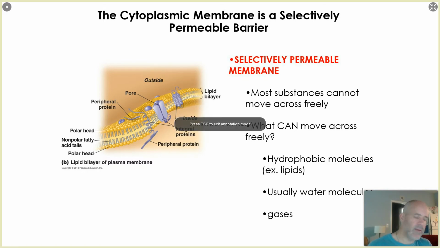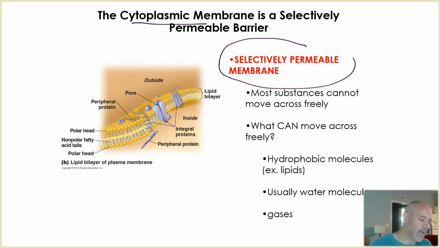All right, key thing about the cell membrane, cytoplasmic membrane, is it is selectively permeable. That's another one of those words or phrases that you've heard in any biology class before when you've discussed cell membranes. Selectively, if something permeates something, it means it can move through it.